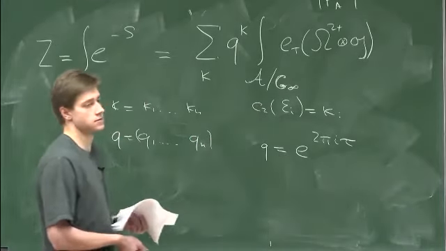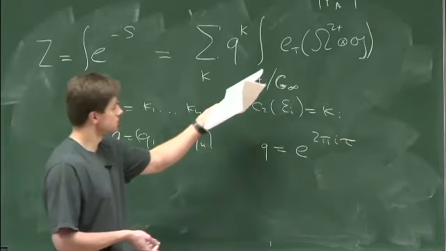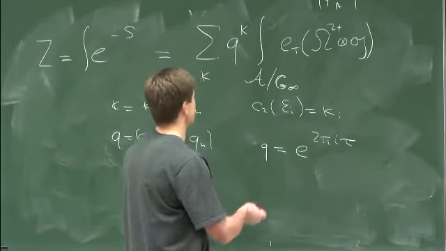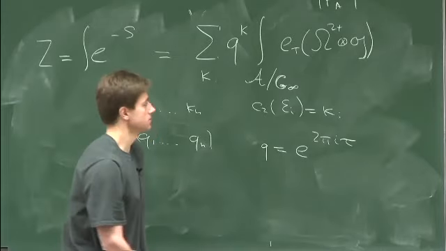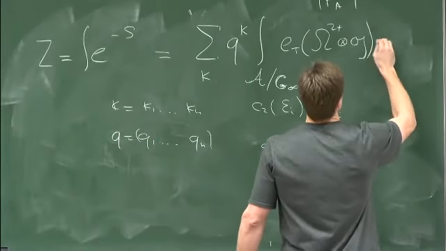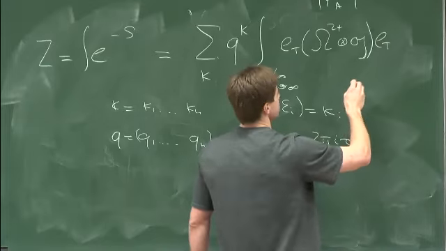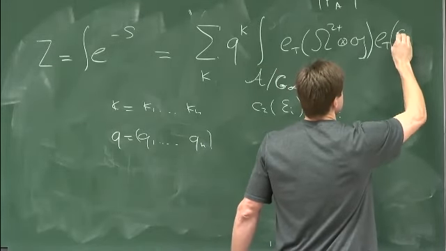Equivalently, you write it as the Euler class of the corresponding bundle of self-dual 2 forms over the space of all connections. So this part describes the vector multiplet, and then similarly an equivariant Euler class for the bundle of spinors.